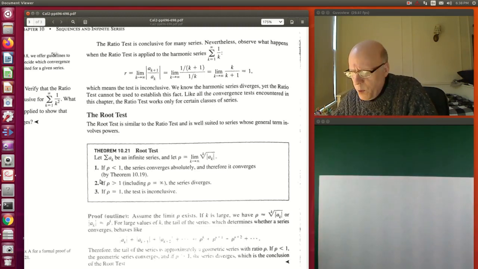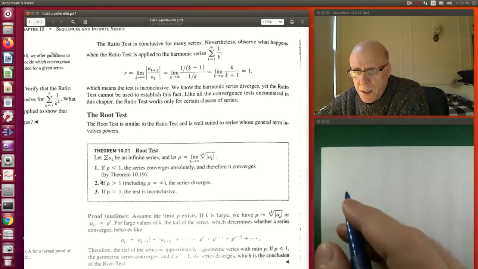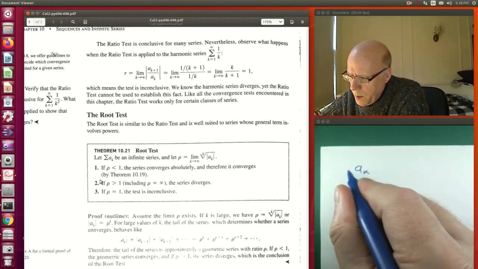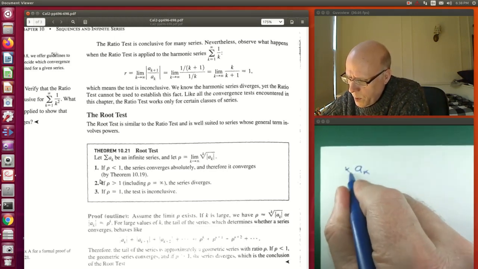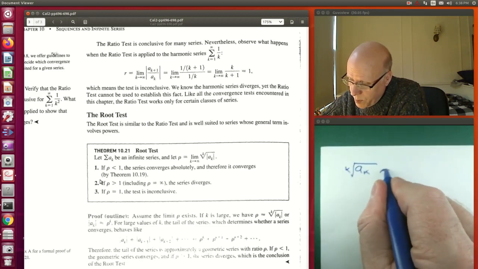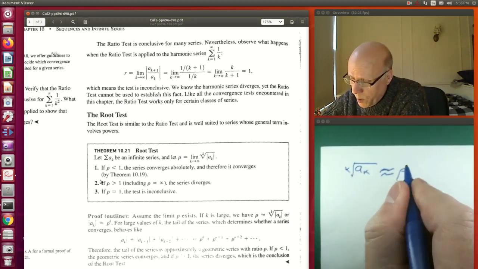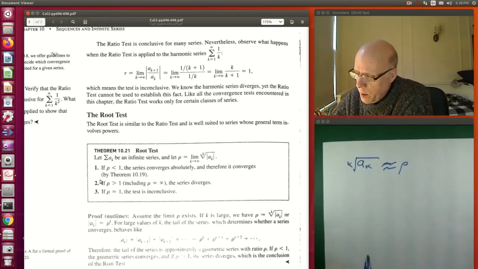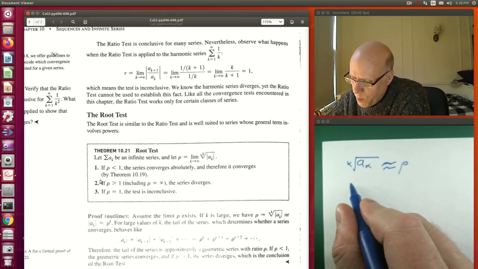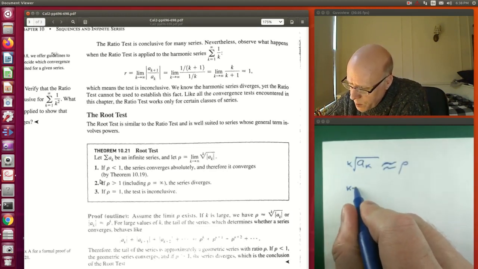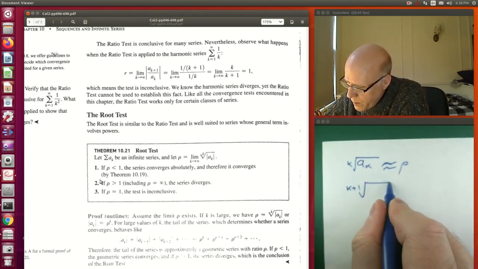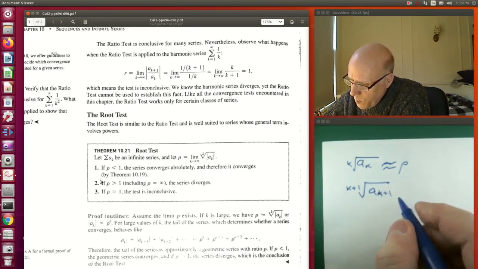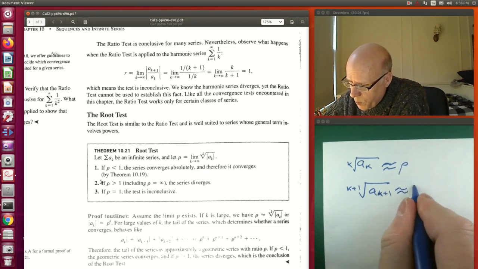So if you're somewhere way down the line in the series at, say, a sub k, and you look at the kth root of that, you're going to get, well, approximately anyway, rho. If k is pretty large, you're on your way to this limit, so it's close enough to rho. Similarly, you can think about the (k+1)st root of the next term, a sub k+1. And that would also be approximately rho.